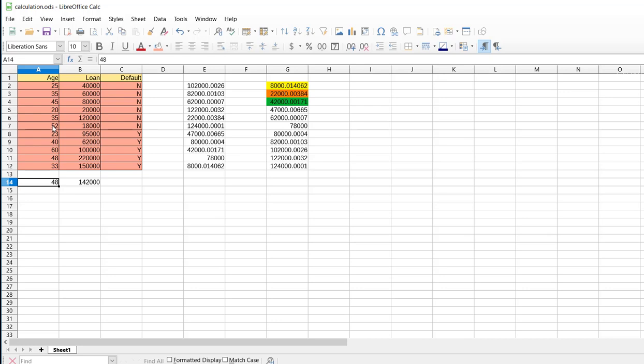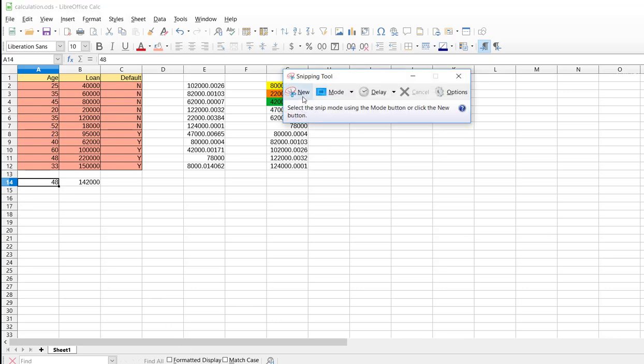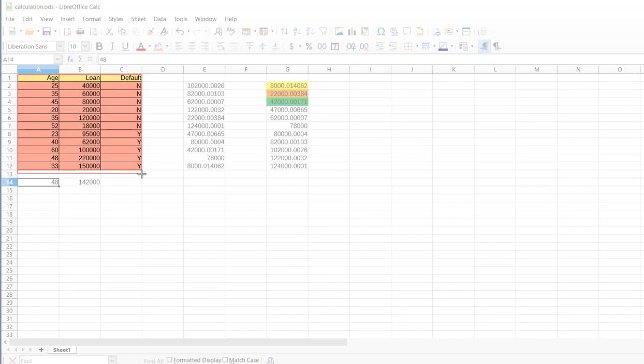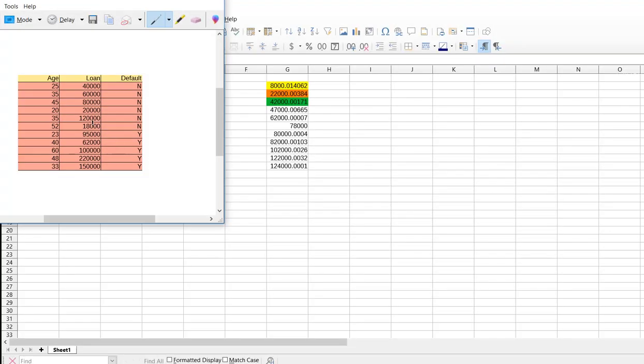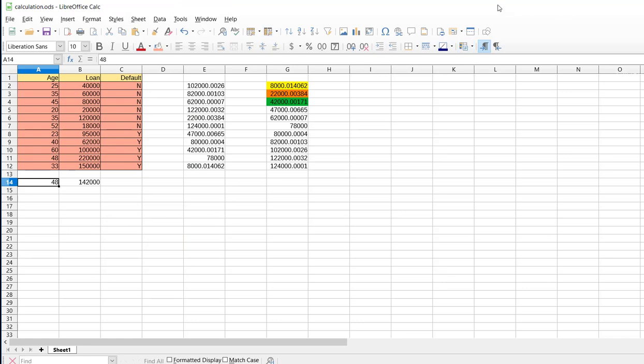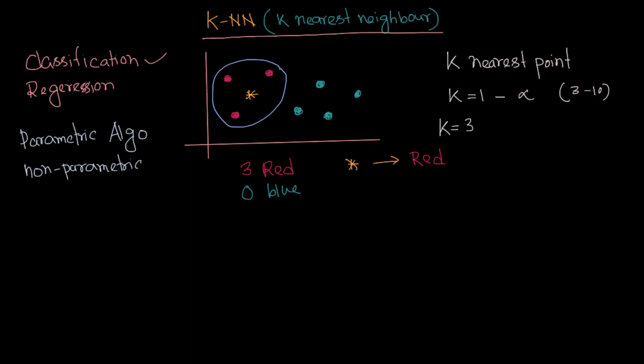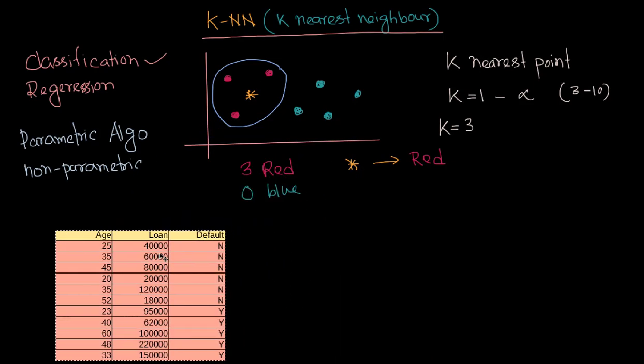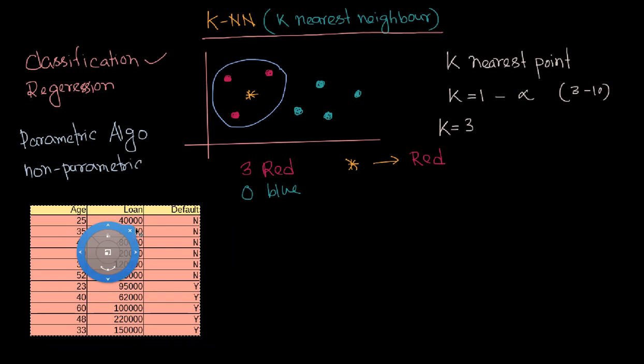We'll copy this data set and paste it over here. So this is our data set.